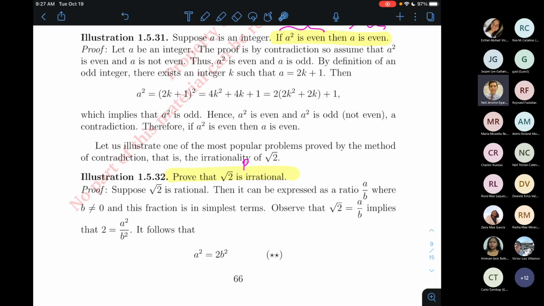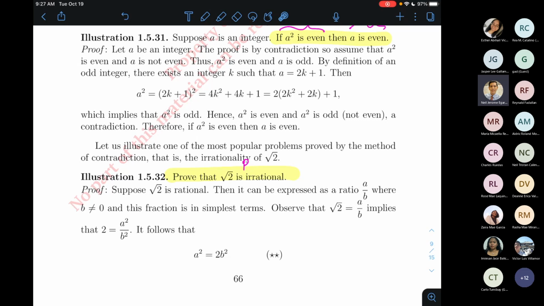Some legends say na siya nga ay pinatay by drowning by the Pythagoreans by just spewing the truth that square root of 2 is irrational. Okay? So, buti na lang ngayon, hindi na tayo mamumurder pag pinrove natin na si square root of 2 ay irrational.